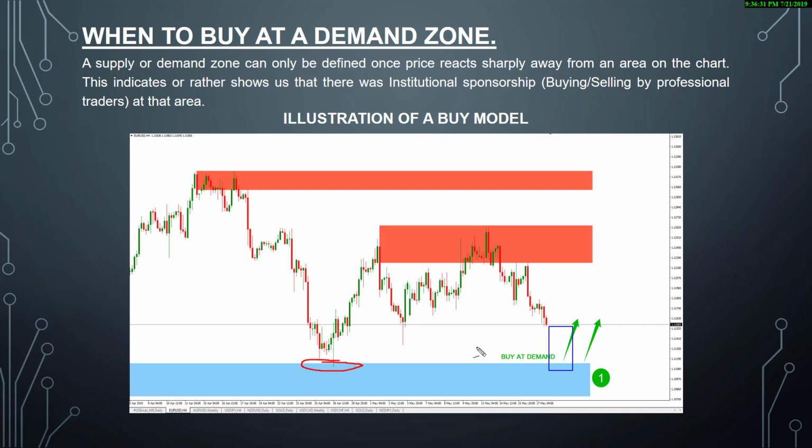So you only look to buy when price comes back to that demand area. In our advanced course further down the line, we are going to be looking at what makes a demand or a supply area a potential area to look for buy or sell trades.